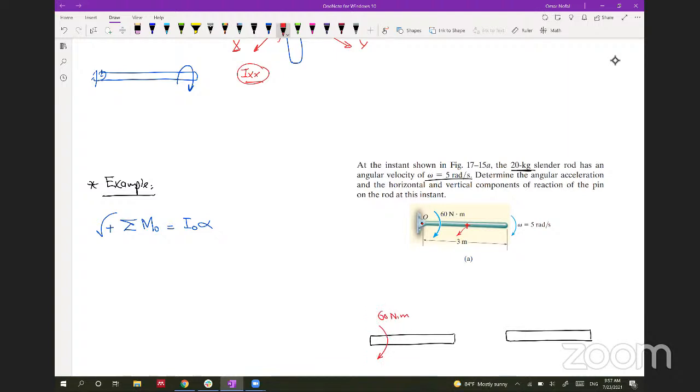Newton meter is a kind of force effect, so we include it in the free body diagram. And this is the center of mass, so I know that the weight is coming down from here. And don't forget the reaction. So this is the pin point, and I will assume the direction of the reaction: Fx in this direction and Fy in this direction. You can call it F tangent and F normal, whatever you would like.